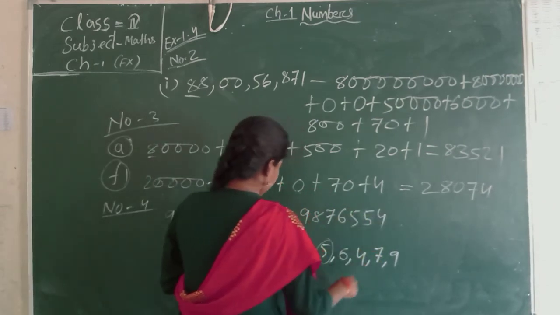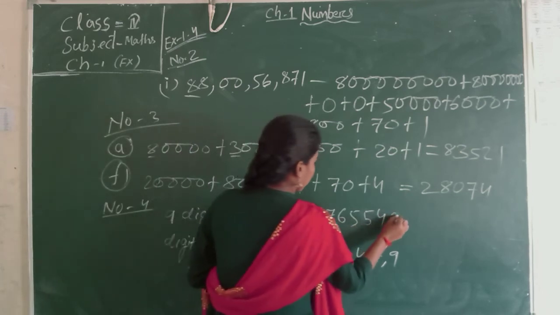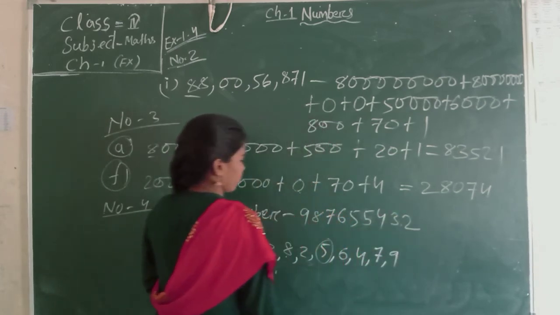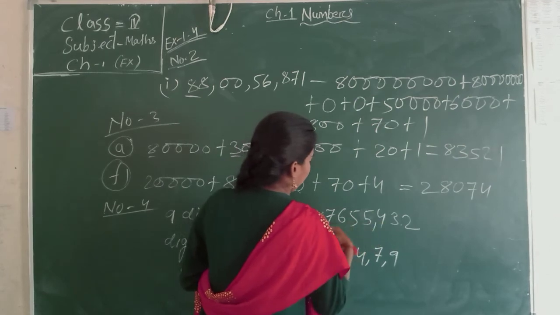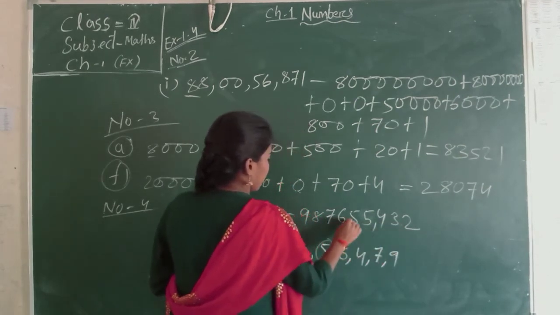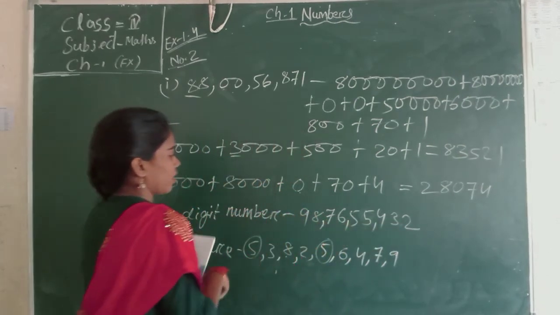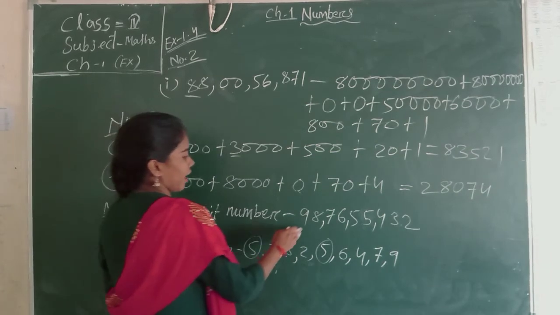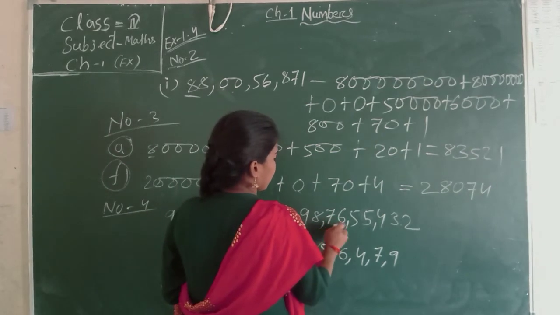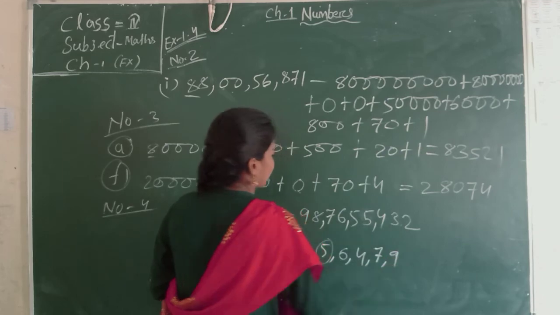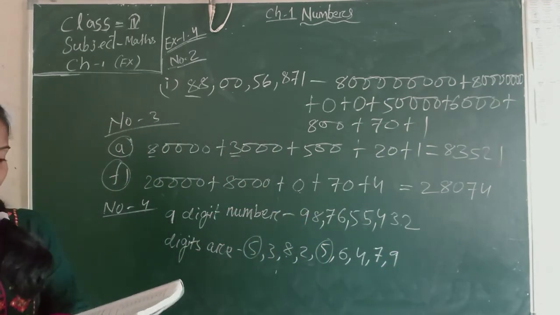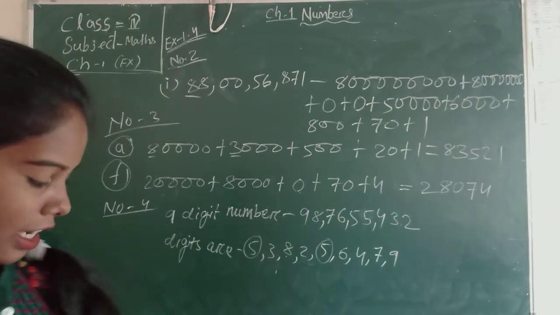Next 4. Next 3. Next 2. Next put commas according to their periods. Okay, so the number is 98 crore 76 lakh 55,432.